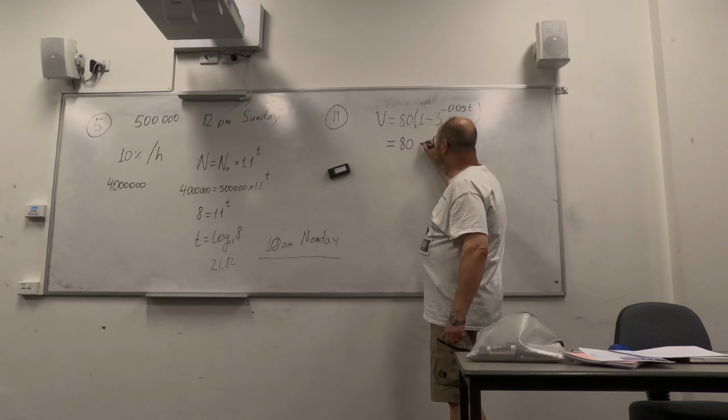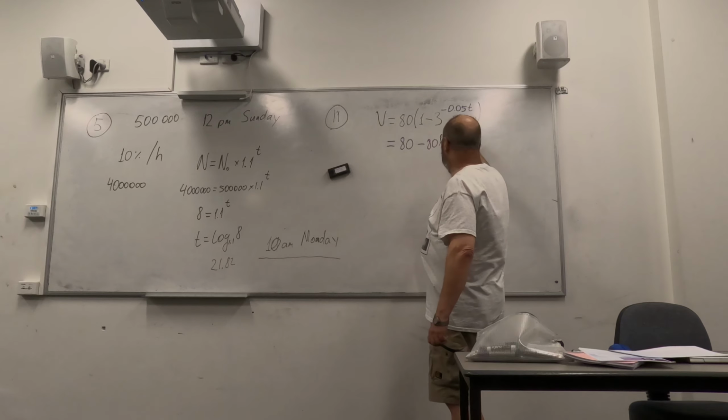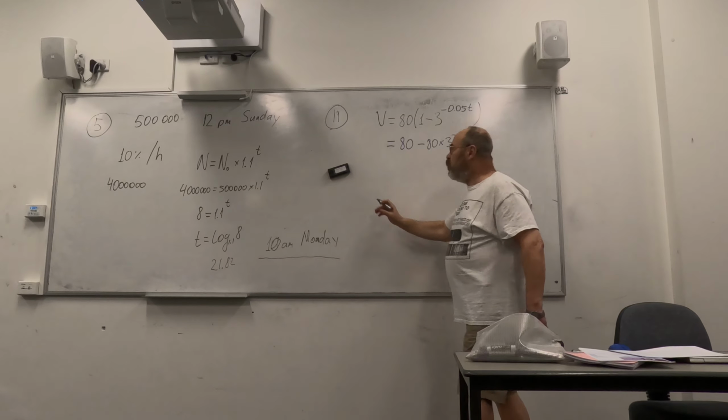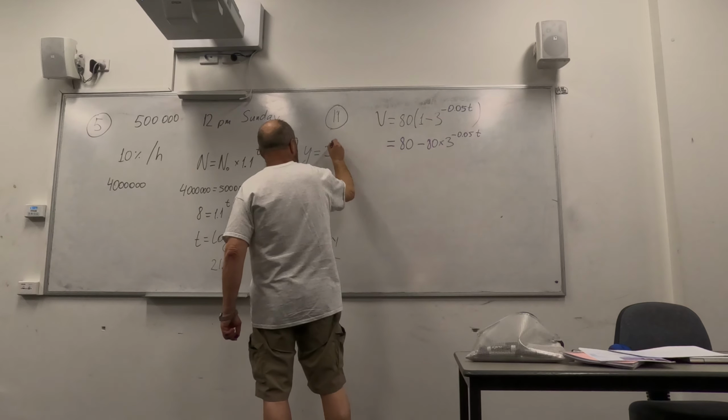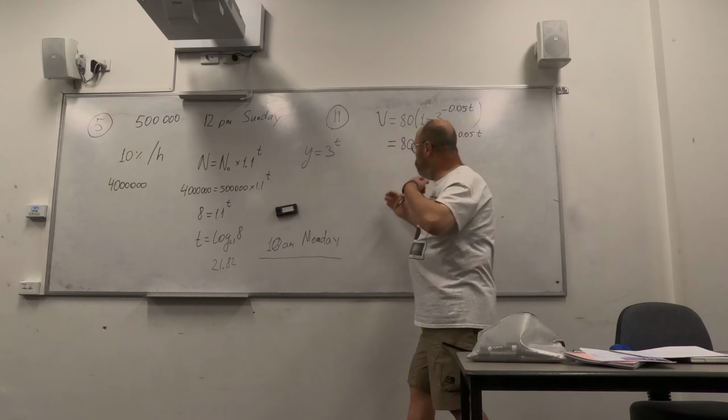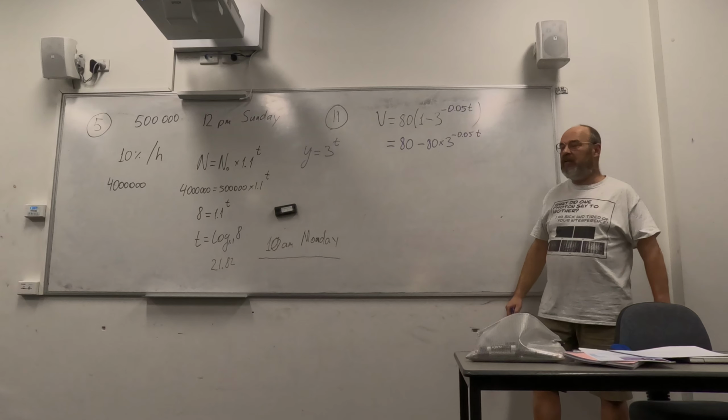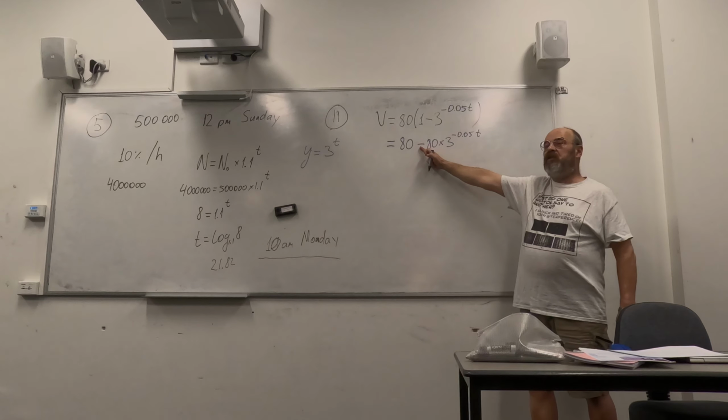We have 80 minus 80 times 3 in the power negative 0.05t. Compared to the graph y equals 3 in the power of t, what transformations are here?